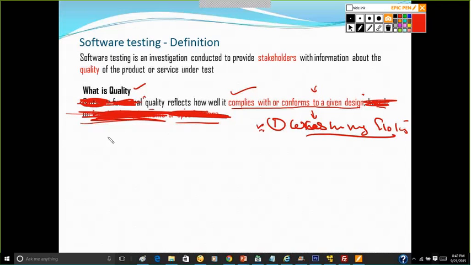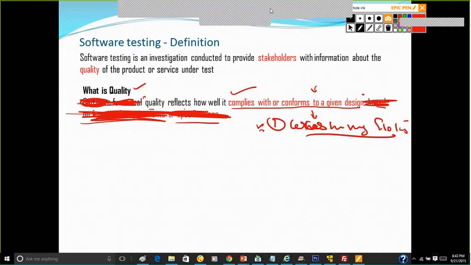If it does not comply to the design, you don't have quality of the product. So if someone asks you what is quality, you have to say: quality reflects how well it complies or conforms to a given design. That's why I removed software. For any product, quality should conform or comply to the design.